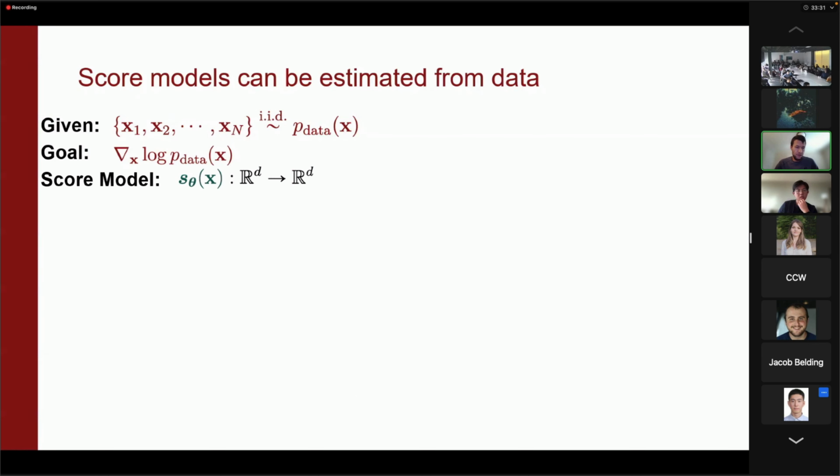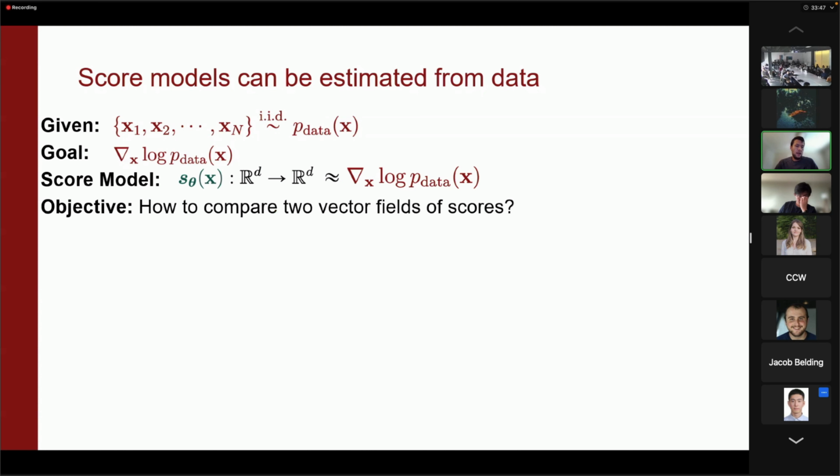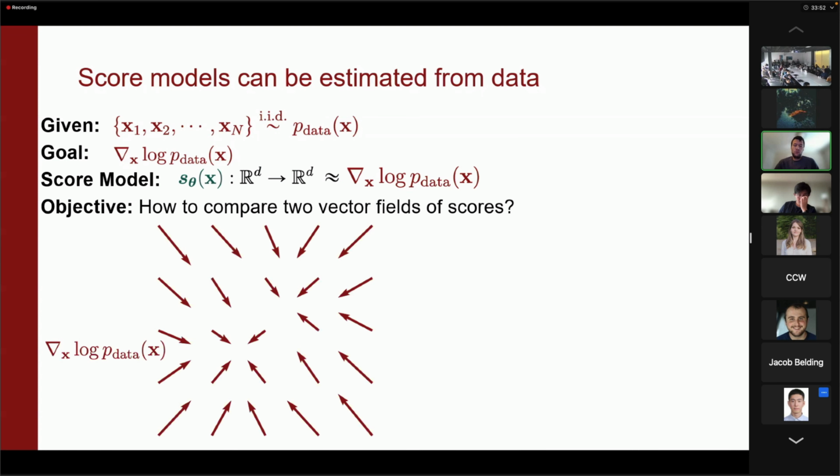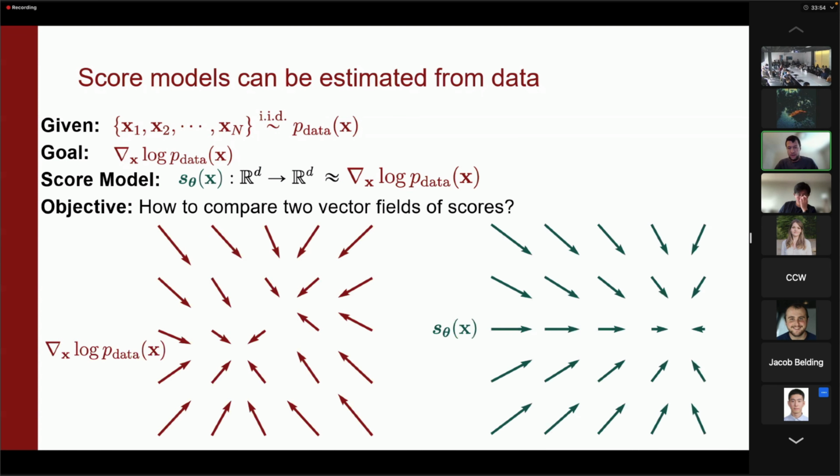And we do it by defining a model. Think of it as a neural network, a vector valued neural network: d dimensions in, d dimensions out. And we try to choose parameters theta so that it's as close as possible to the true vector field of scores. And how do we compare two vector fields? Well, there is a true vector field and an estimated vector field.